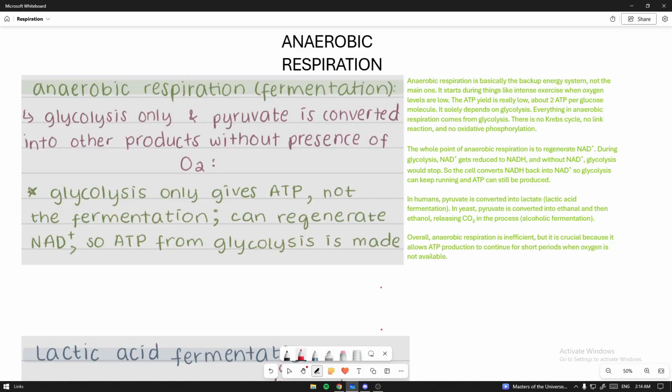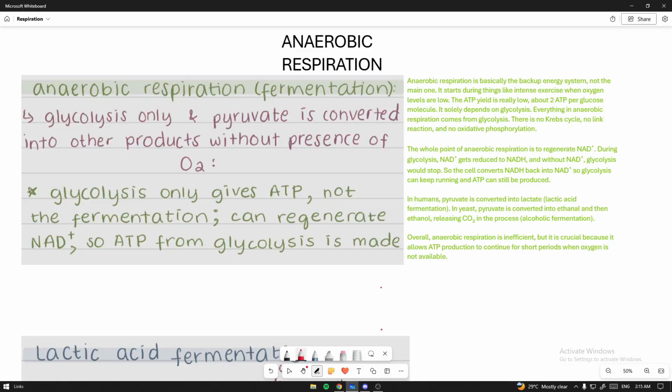In anaerobic respiration, the ATP that we get is solely from glycolysis. The fermentation itself doesn't give ATP, okay? It produces lactate, and if we're talking about yeast, it's gonna be ethanol. We're gonna look into it shortly.